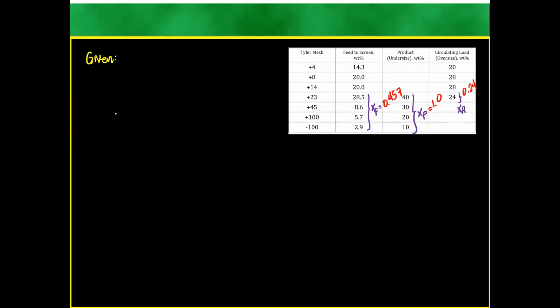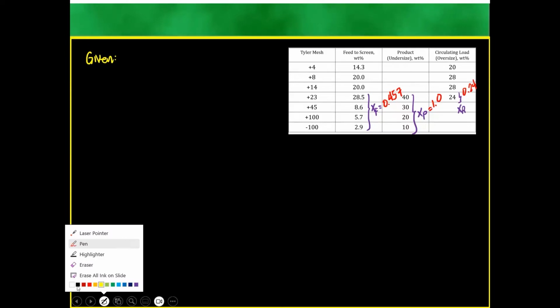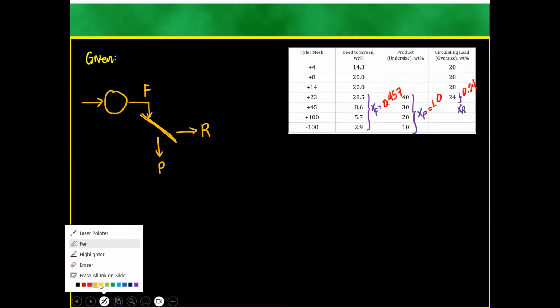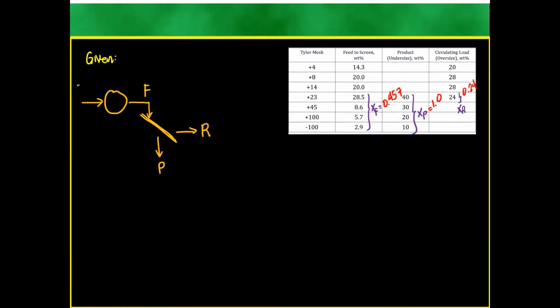So when we write this, you can see that, given, say it passes through a crusher, right? And then passes through the screen. So say this is your crusher. Passing through the crusher, that one is fed on to a screen. Some of it becomes the product, some of it is rejected. So this one is your F, this one is your initial F. Let's just say the total F, F total.